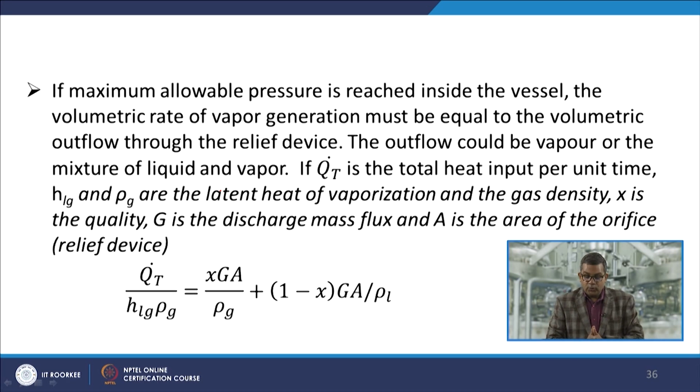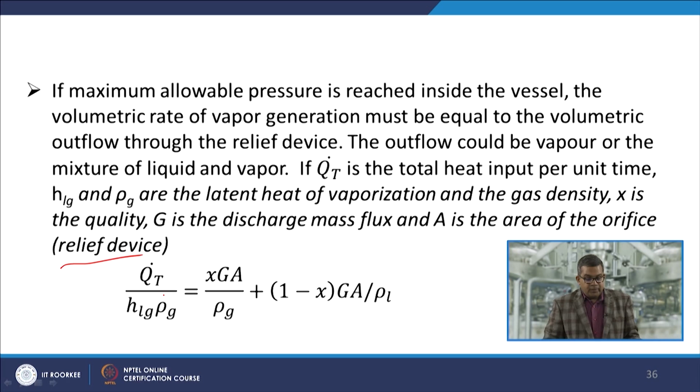Now if Qt is the total heat input per unit time and HLG and rho g are the latent heat of vaporization, LG standing for liquid to gaseous, and rho g is the gas density, x is the quality and sometimes it is referred to as the dryness factor. Now G is the discharge mass flux and A is the area of the orifice of the relief device.